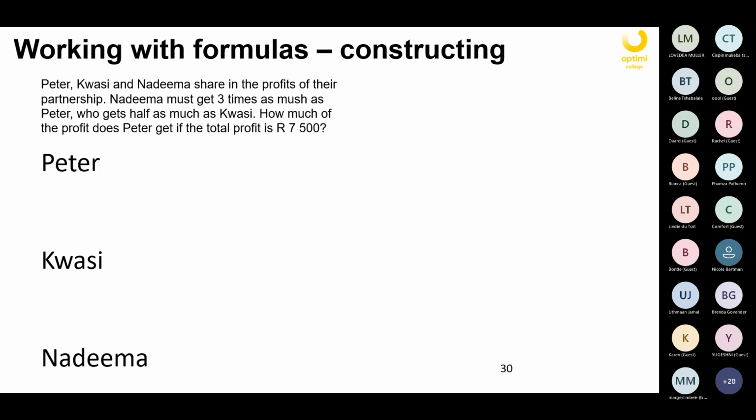So the first thing you need to know from the formula is who of these people gets 1 part? Can you figure that out quickly by yourselves? Maybe we can run a poll again. Is it Peter, Kwasi, or Nadima? Who of these 3 people gets 1 part?